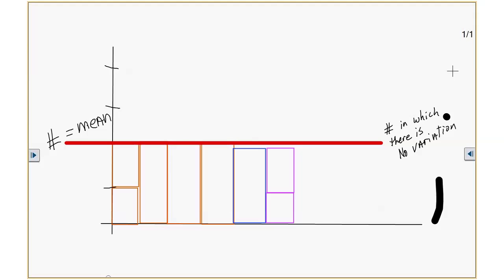And the mean, or the average, is the number that nothing is pulling against or pushing against or pulling forward or whatever the case may be. In other words, it's not affected. So the best number to compare to is the what? The mean, because it has no variation. You understand? So the definition of the mean is the number at which no variation is represented, or the number that represents no variation.